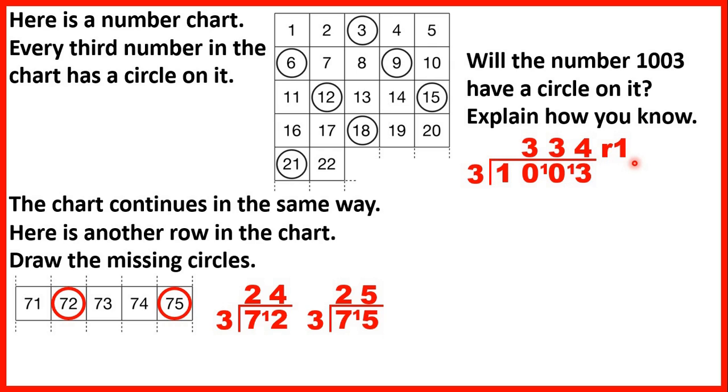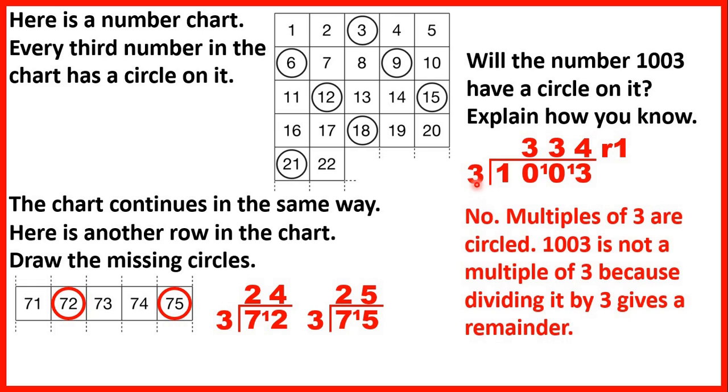So because we get a remainder, we know that 1003 is not a multiple of 3. So our answer is no. Multiples of 3 are circled. 1003 is not a multiple of 3 because dividing it by 3 gives a remainder.